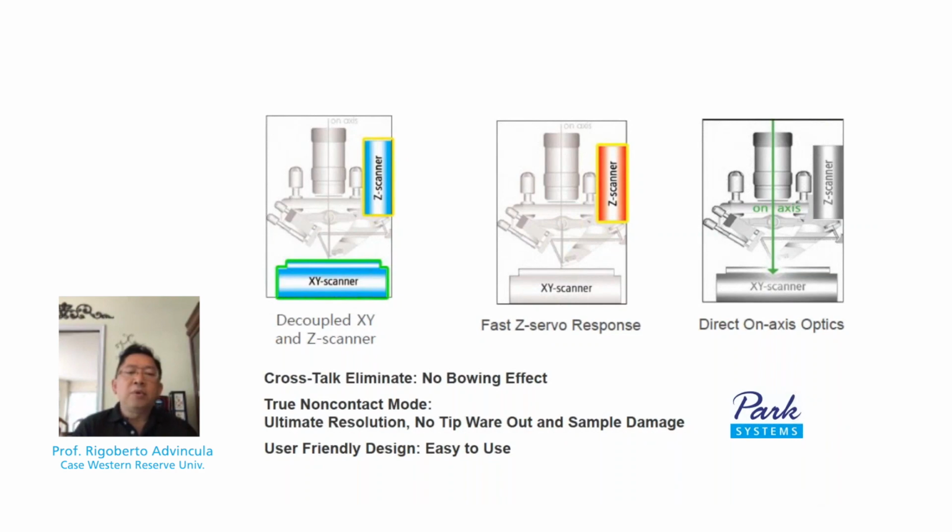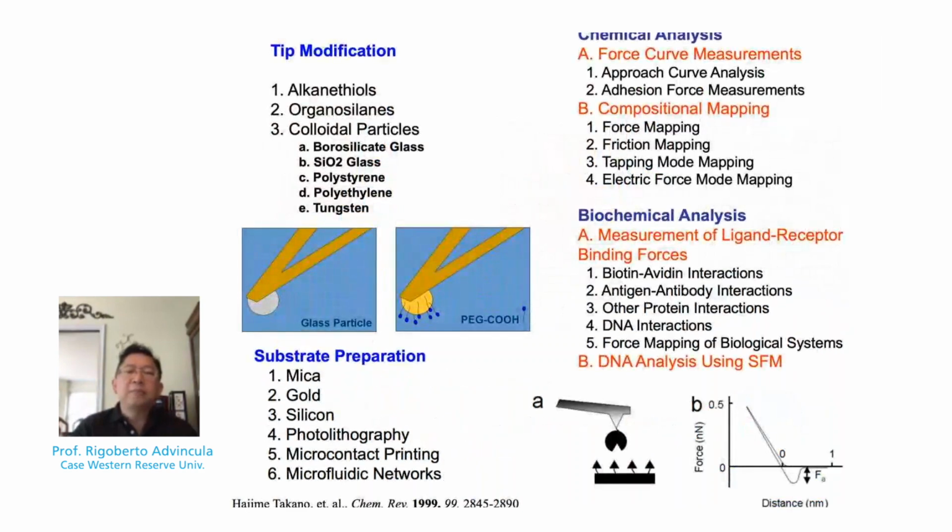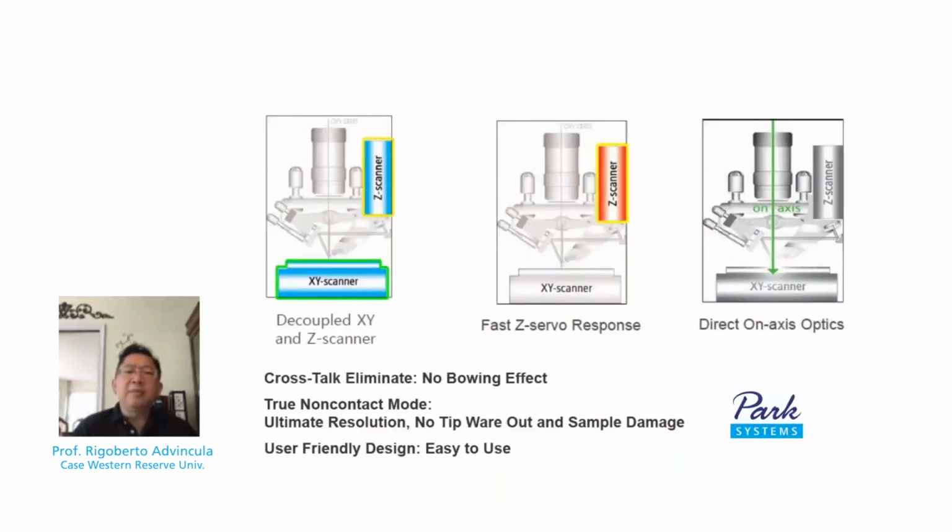As a true contact mode, you have longer tip usage or prevent its damage. And then, of course, ability to design experiments resulting in high resolution images. So in particular, we have used Park and Xtend in many occasions.